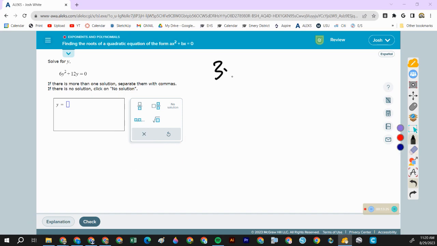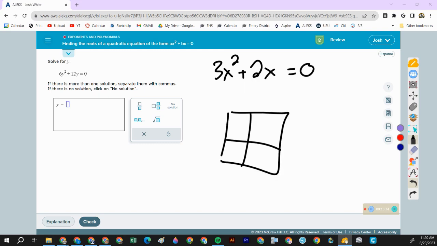So what if I had 3x squared plus 2x, and I stuck it in the box? Well, 3x squared goes here. What would this be? 0. So I would get 0x squared, which kind of creates a little bit of a problem, right?